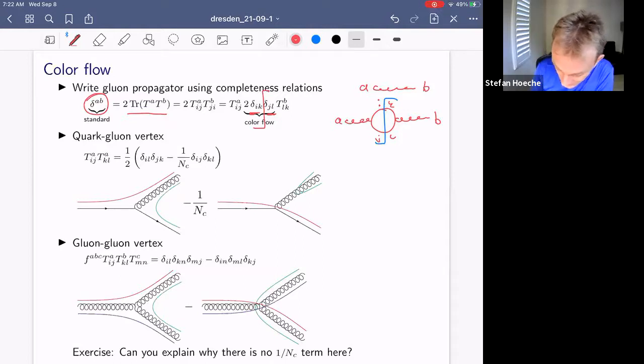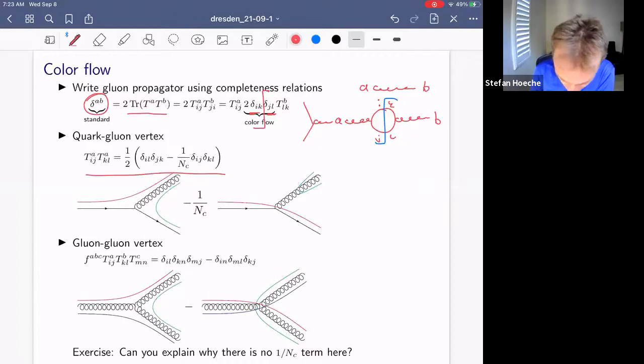So if I now attach this gluon to a quark gluon vertex, I would essentially put another piece here and put the vertex there, okay? And put a kl index here. Sorry, I already used k and l, but you know what I mean. So this is what we have in this line.